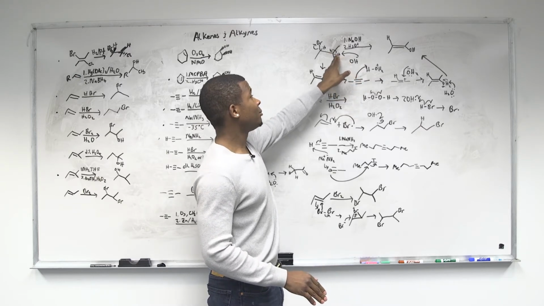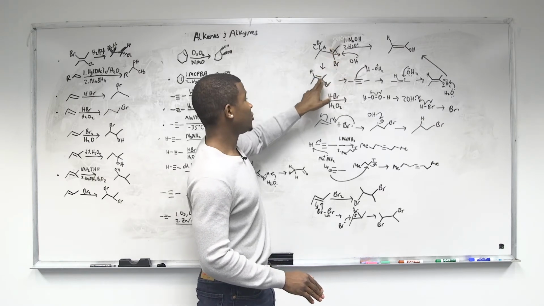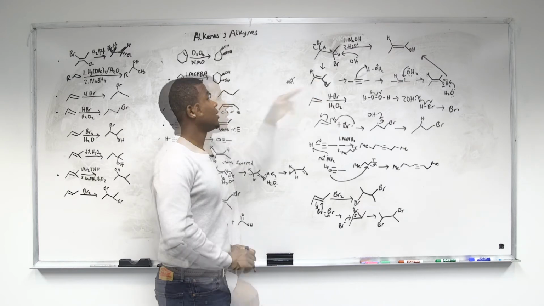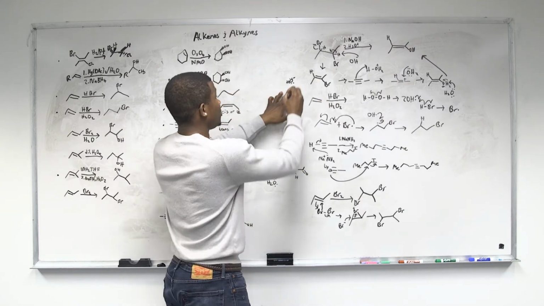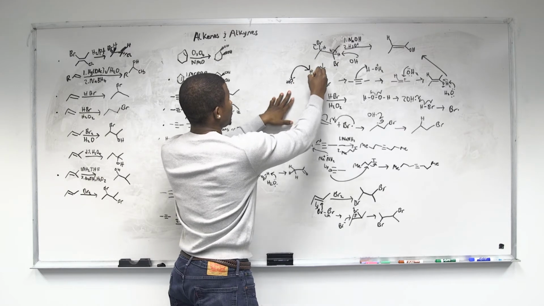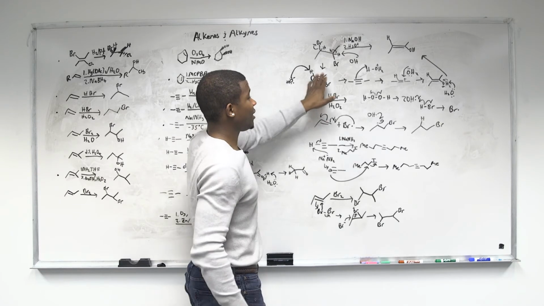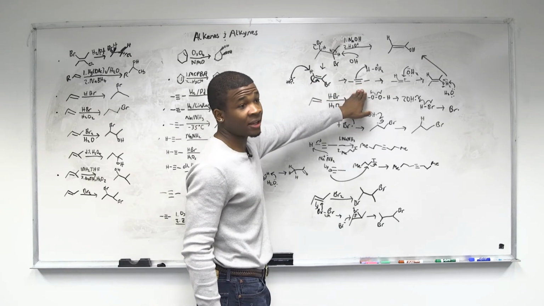As that does that, the bonds, the electrons in the hydrogen, are going to go back into this bond, producing an alkene. So another base is going to come, and the lone pairs here are going to attack this hydrogen, resulting in the lone pairs in the hydrogen going into this alkene, effectively producing an alkyne.